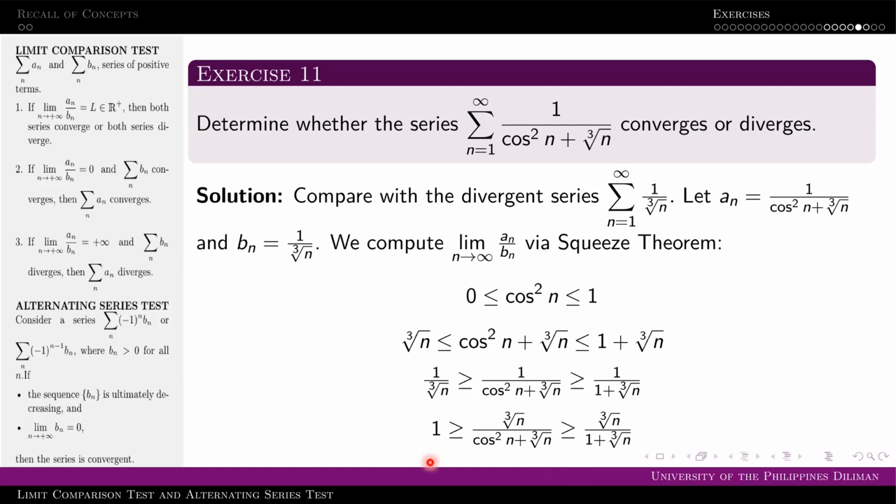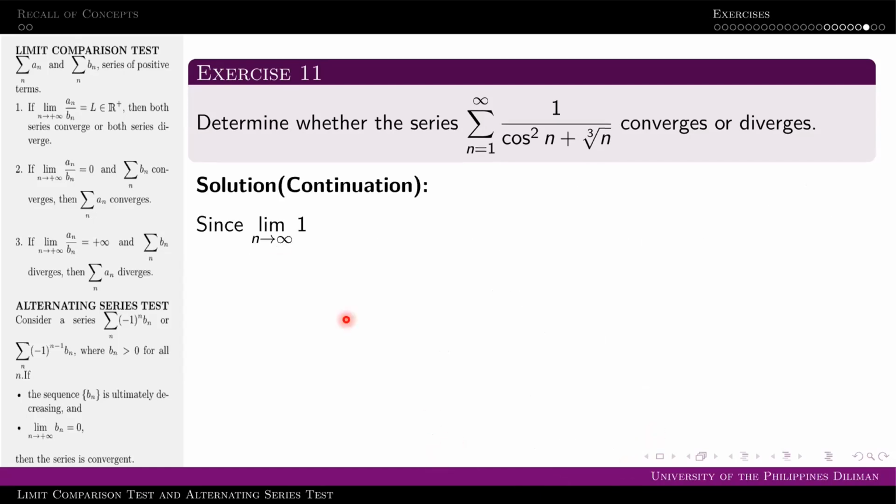So kukunin natin yung limit ng dalawang to. And alam natin na yung limit ni 1 as n approaches infinity ay still 1. And likewise, yung limit natin as n approaches infinity ng cube root of n over 1 plus cube root of n ay also 1.